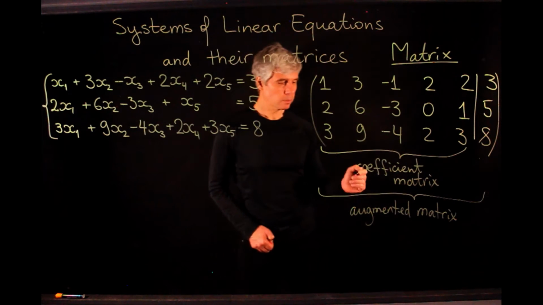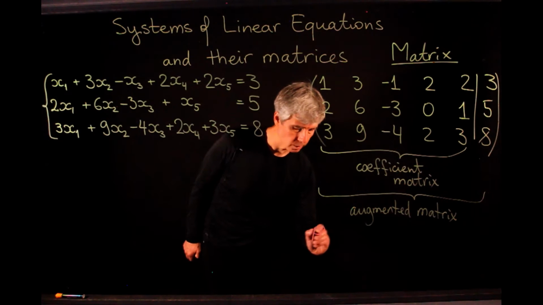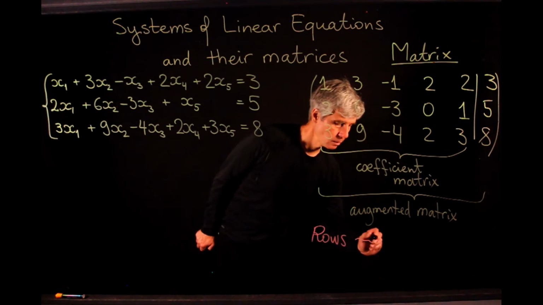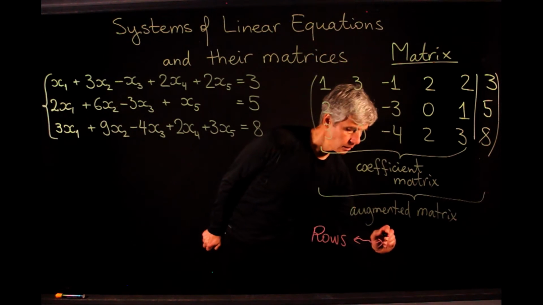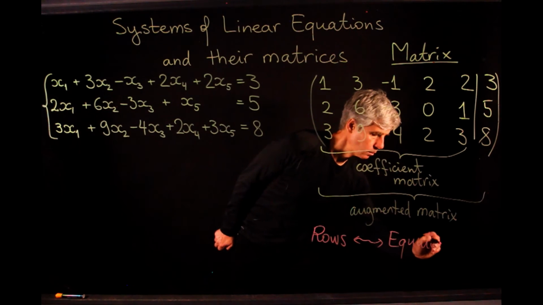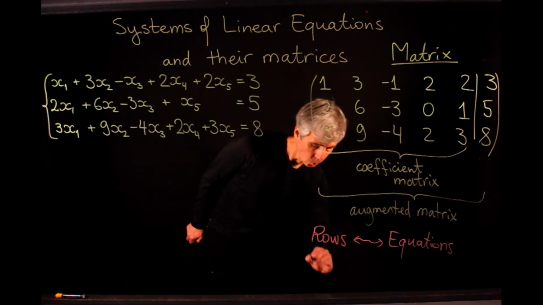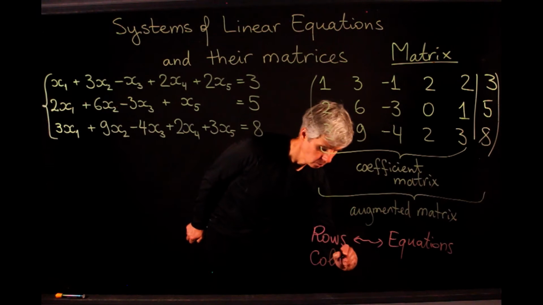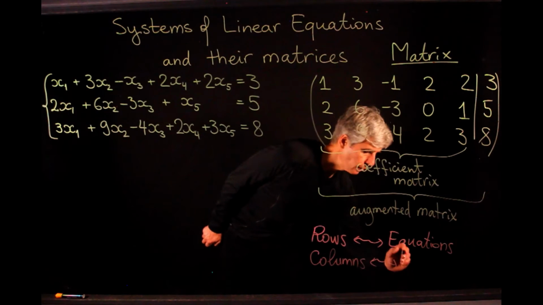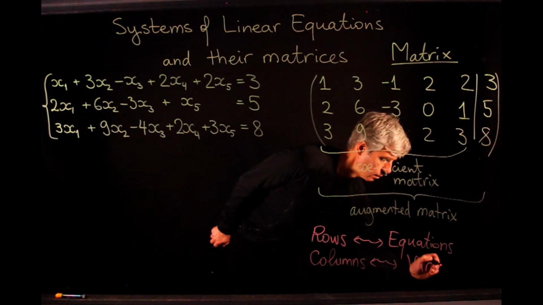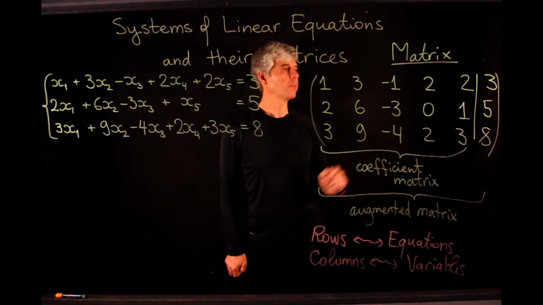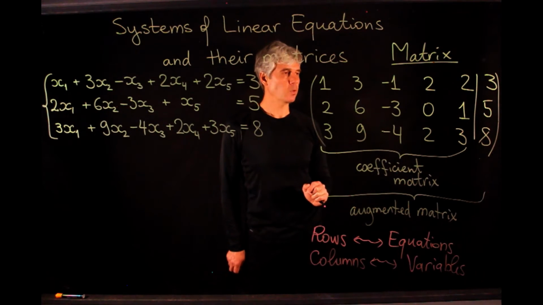It's important to remember that rows of this matrix correspond to equations, and columns of the coefficient matrix correspond to variables. So, for example, the 4th column corresponds to the variable x4.